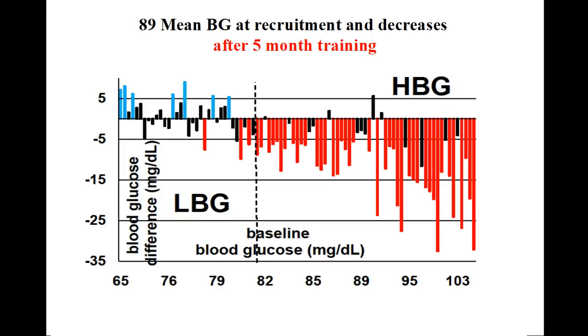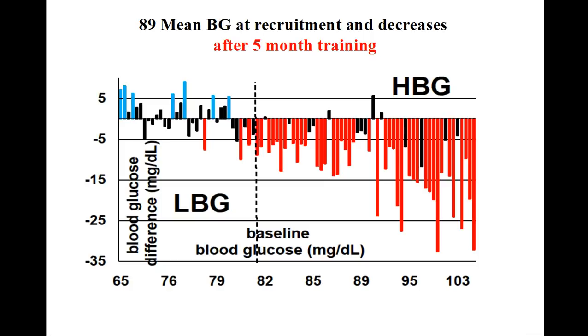On the x-axis scale, mean blood glucose at recruitment is reported in sequentially increasing order, not in linear correlation with segment length. The dashed division indicates the most significant division between subjects who showed no mean blood glucose decrease after training, LBG group, N equals 34 subjects, and those who showed significant decrease of mean blood glucose, HBG group, N equals 55 subjects.